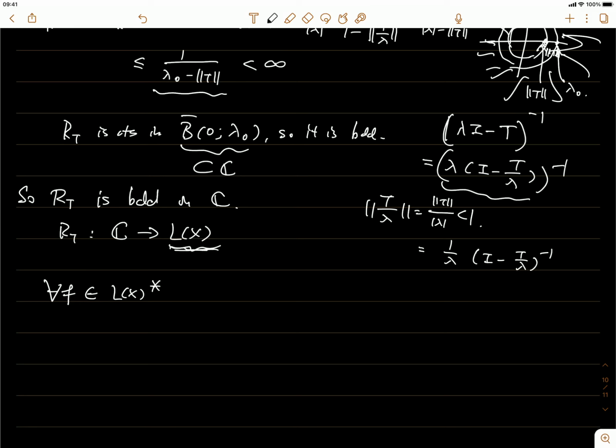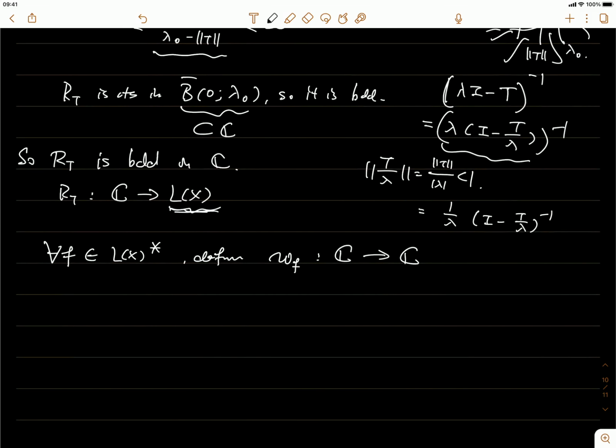And then we define a function Wf. It depends on what this f is. The Wf will be a function from C to C.